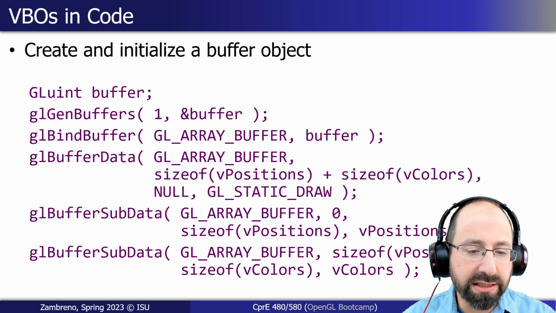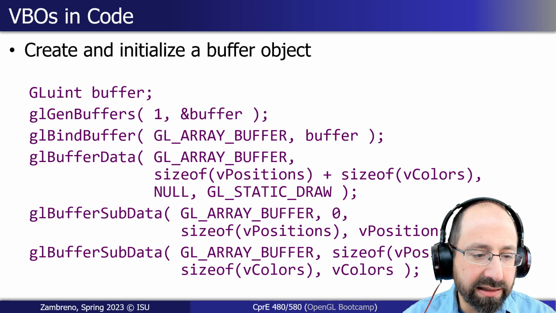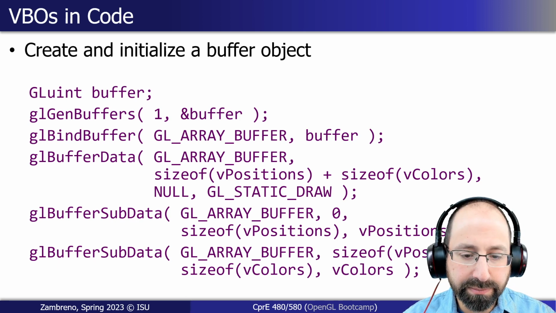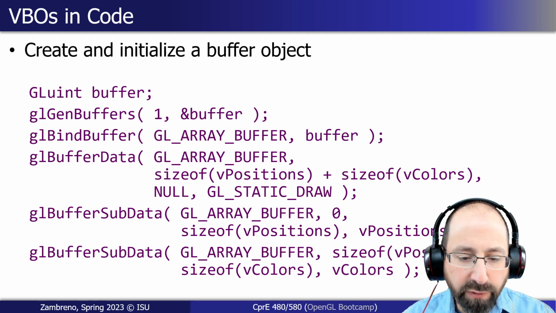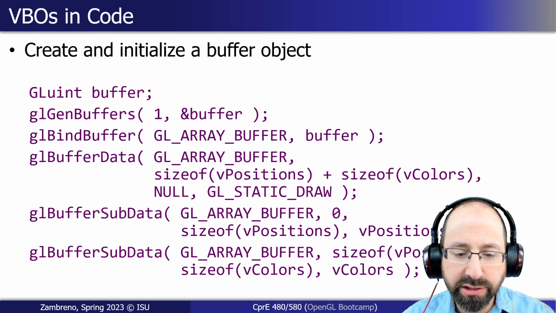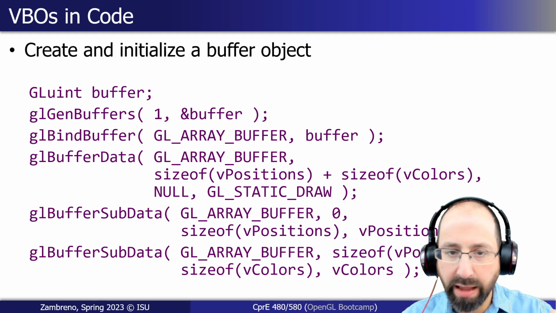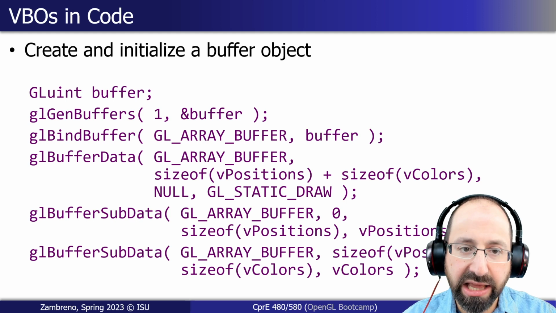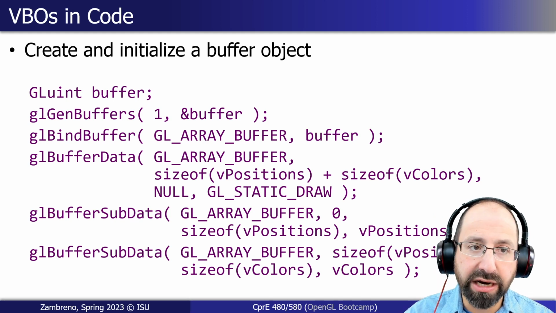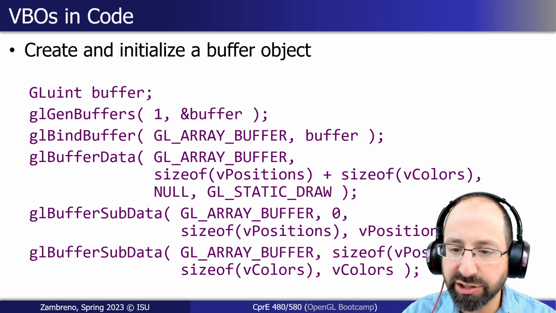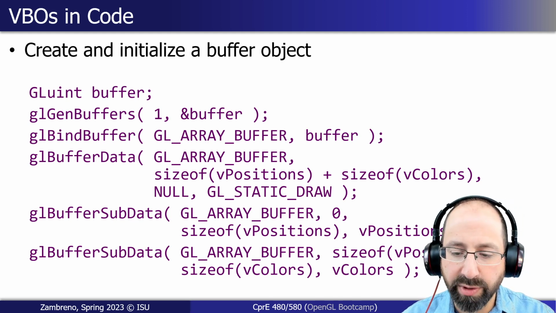But we would then be specifying we are expecting to have this many bytes of data resident on the GPU, and then we're copying that data over from the application buffers, whatever we've malloced or allocated statically in our application, over to the GPU at that point. That allows you to replace either the entire array, depending on how you call it, or replace some subsection of the particular array that we have here.